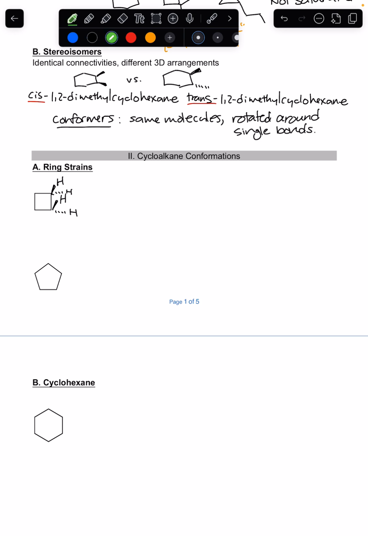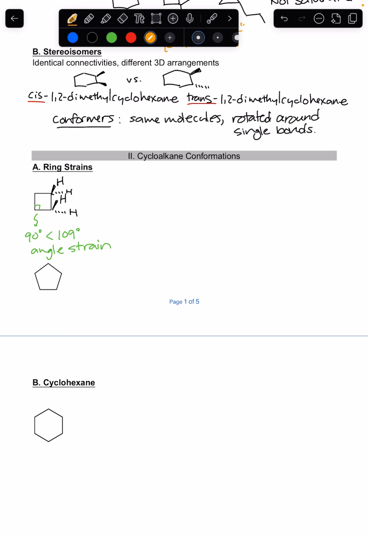First, because this angle is 90 degrees, this is much less than the 109 degrees that an sp3 carbon would like to be. Remember that this carbon has two other hydrogens. It's an sp3 hybridized carbon, and so therefore there will be some angle strain, because this angle is much less than the ideal 109.